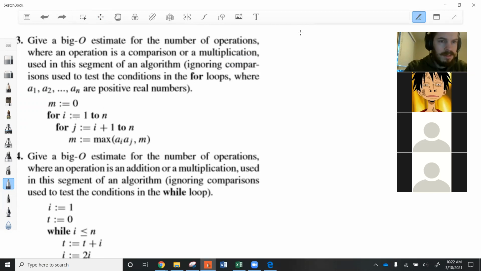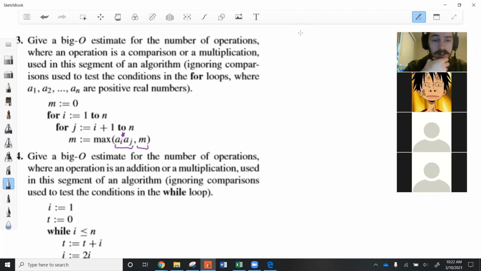So let's see. What we're doing here is i is going from 1 to n, j is going from i plus 1 to n, and then m is going to be the maximum of 2 things. So there's going to be a multiplication right here that we have to count: a_i times a_j is being multiplied together. And then right here is a comparison. We're comparing to see which of those is the biggest, right?